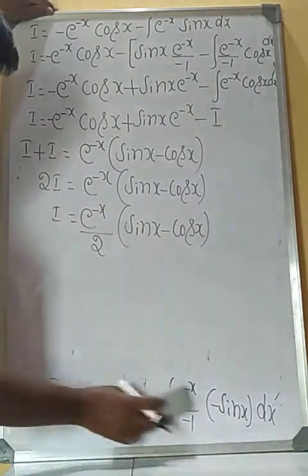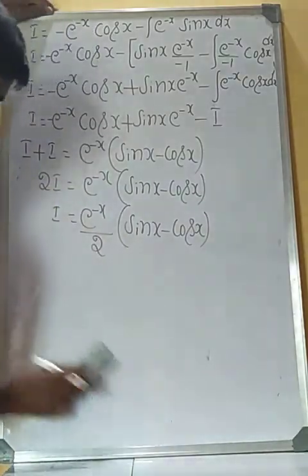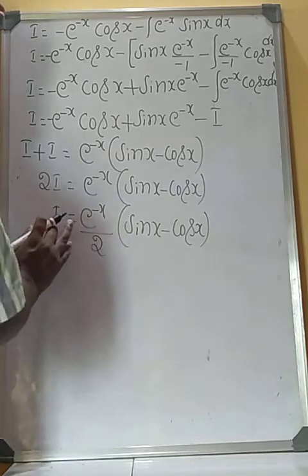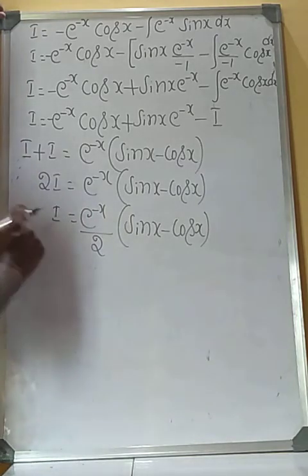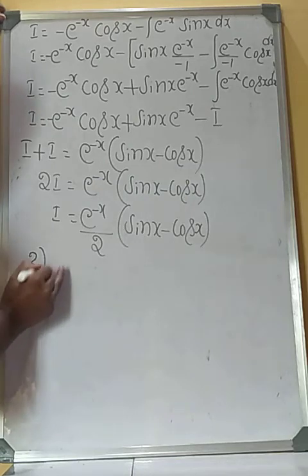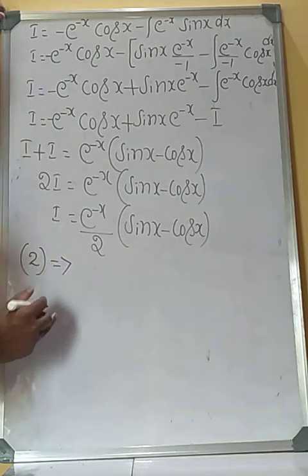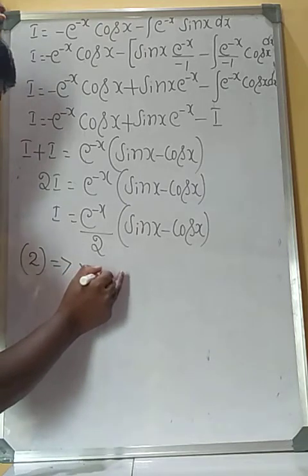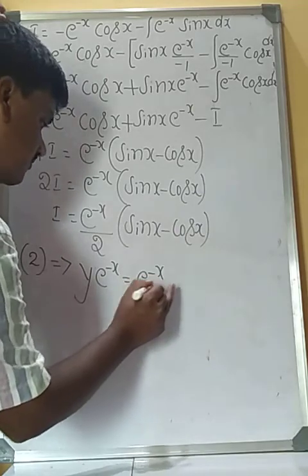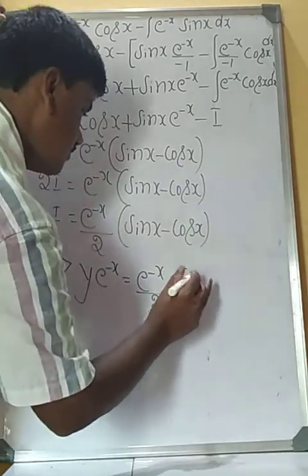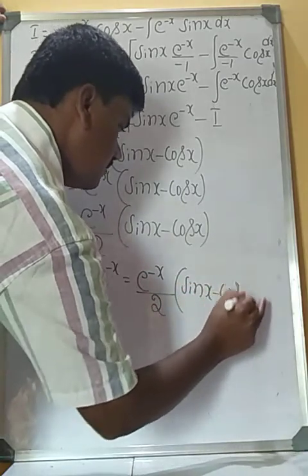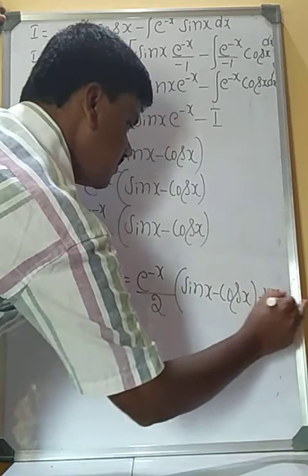Substitute I, which is the integral of e power minus x into cos x, in equation number 1. Therefore, equation 1 becomes y into e power minus x is equal to e power minus x by 2 into sin x minus cos x plus c.